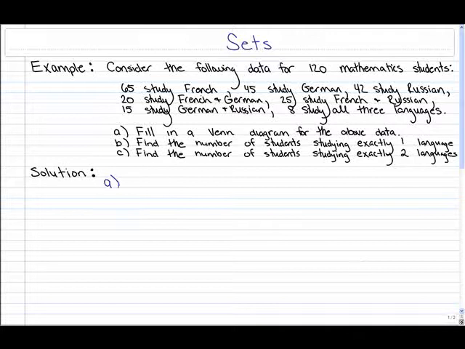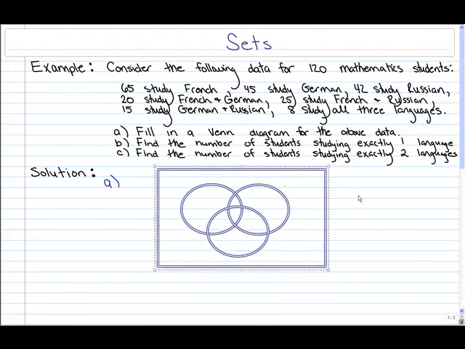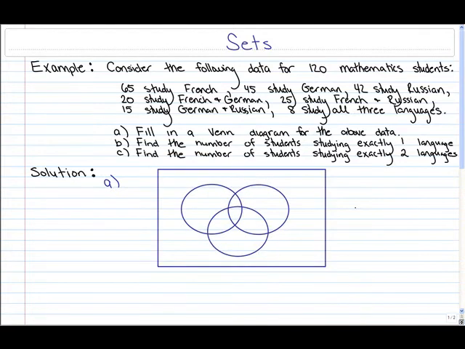So for part A, fill in the Venn diagram for the above data. Your Venn diagram should have looked like this: a rectangle with three separate sets. Now I said let one set be F for French, then G for German, and then R for Russian. And fill in the Venn diagram.